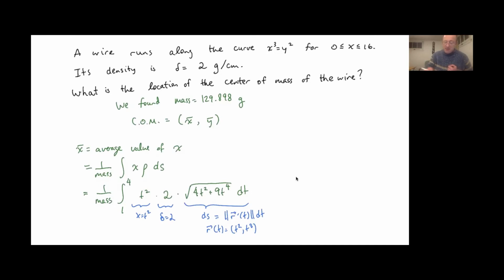We can set up the integral for y bar similarly. Y bar is the average value of y. It's 1 over the mass times the integral of y times the density.